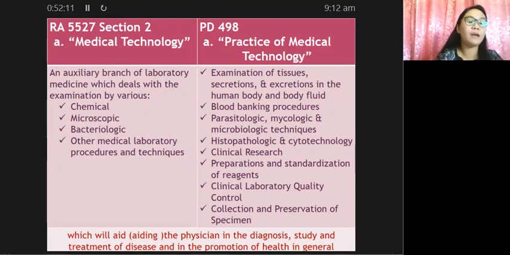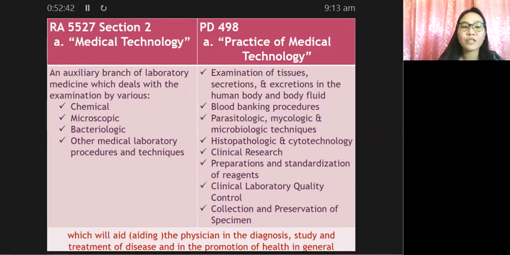All right. Why? Because medical technology, as provided by Section 2 of your RA 5527, is merely defined as an auxiliary branch, and you have there the different laboratory examinations that are included in the practice of medical technology, like chemical. Okay, we have chemical, what else?